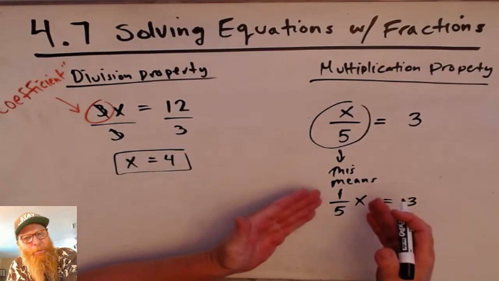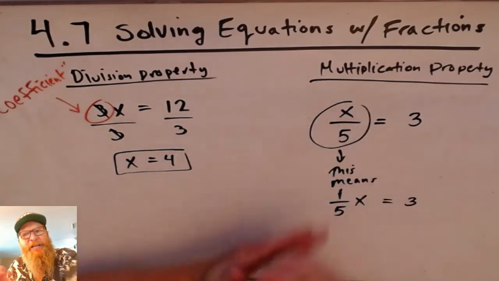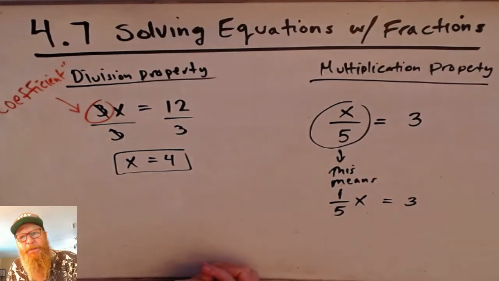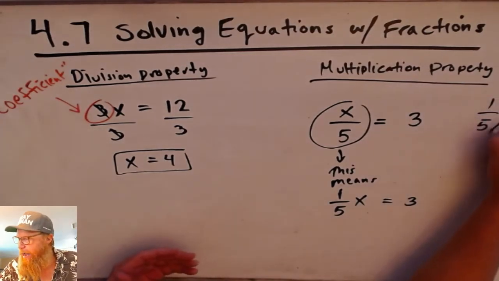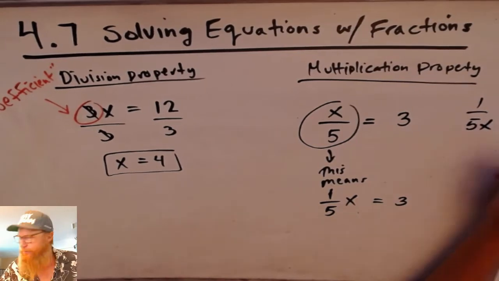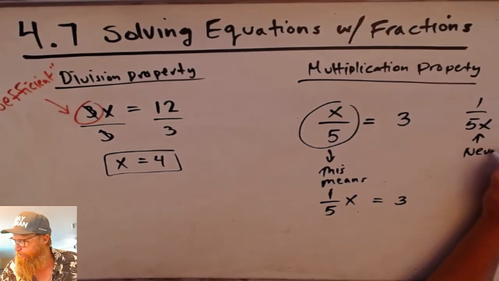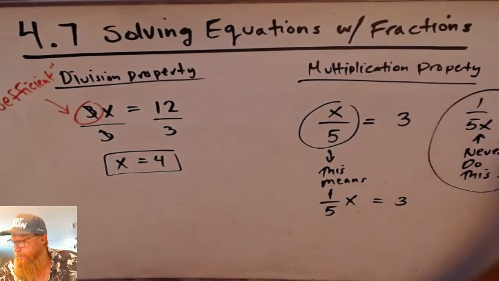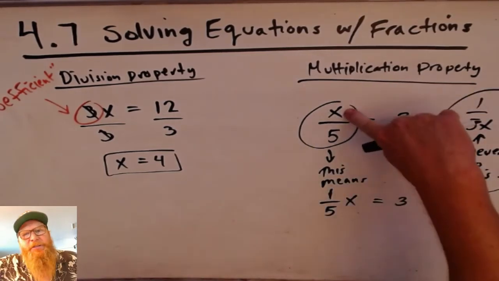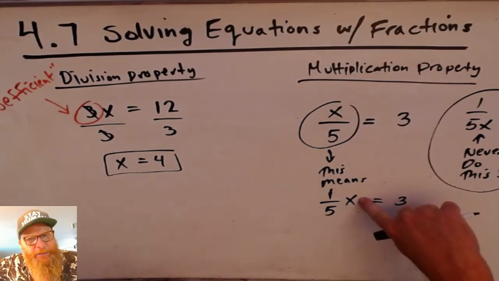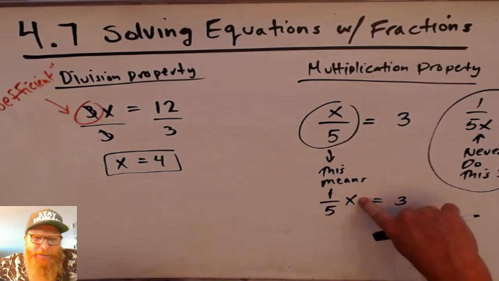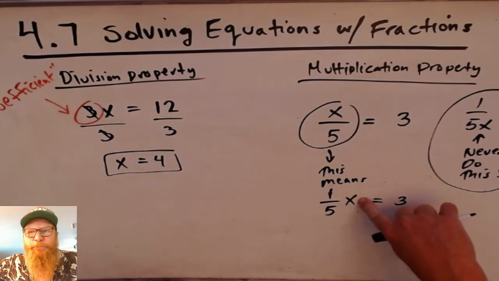Occasionally I'll write 1/5 x just to emphasize that it means the same thing. It does not mean this, 1 over 5x. That's not true. So don't do that. All right, so the x either goes in the numerator or you can put the x off to the side. And it really doesn't matter that it's x. It's whatever the variable happens to be.